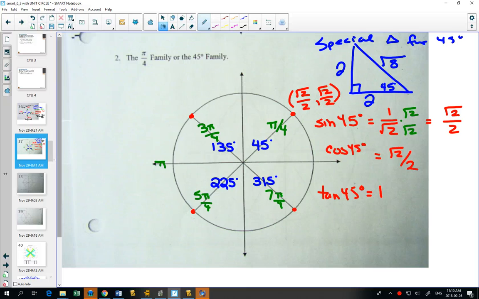But then when you go to quadrant 2, two things happen. First of all, does it make sense that on the unit circle that's exactly the same height? So does it make sense that this will be the same y coordinate? And can you see that it's the same distance but towards the left?